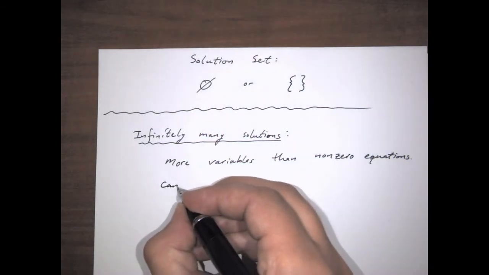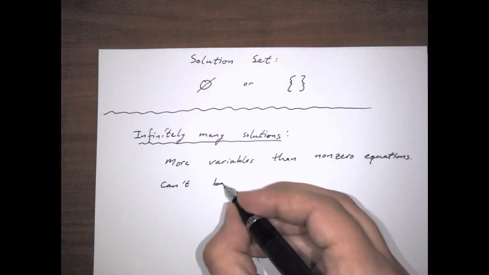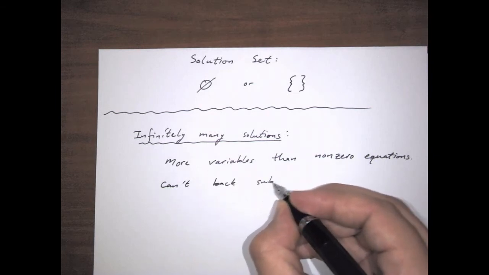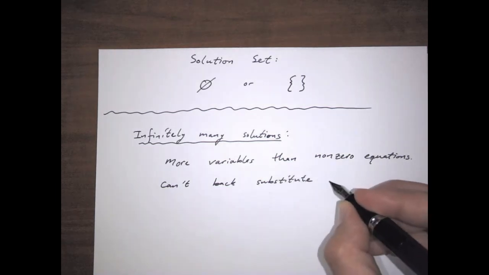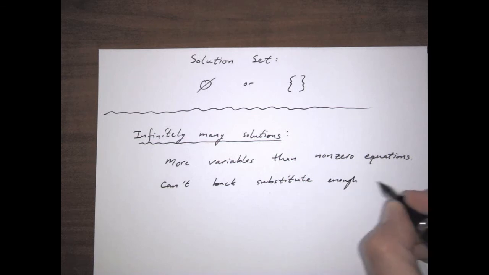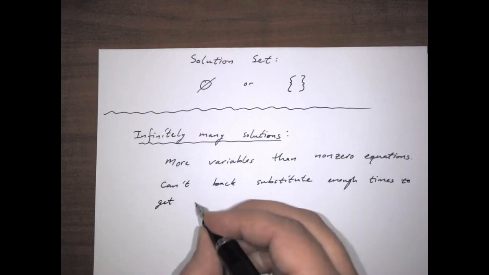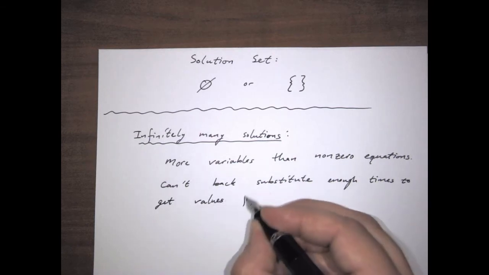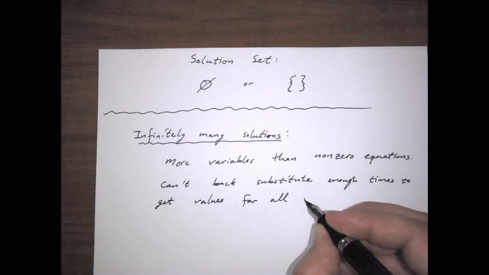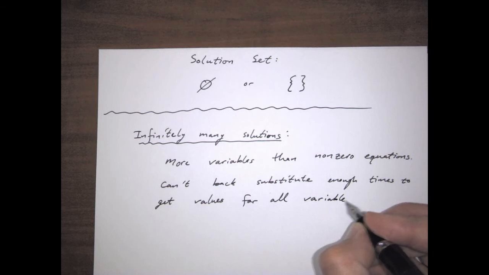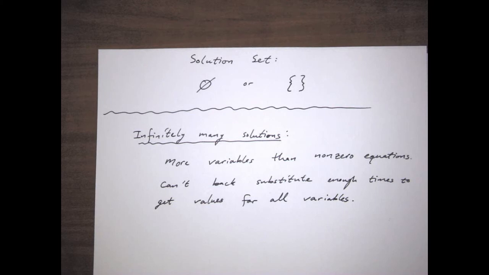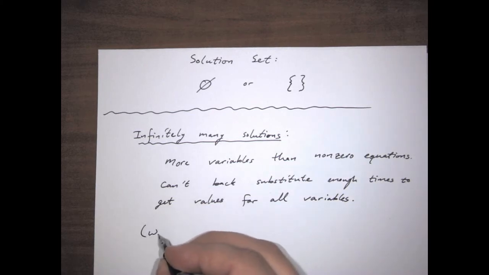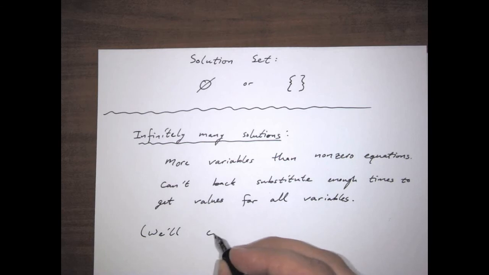You can't back substitute enough times for all variables. So that's what it looks like. We'll cover this more in later sections.